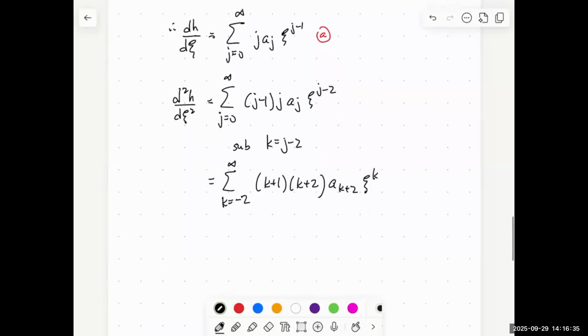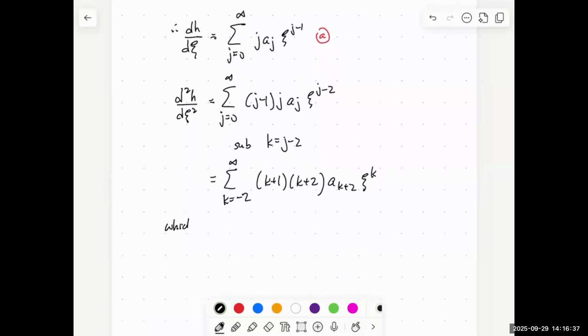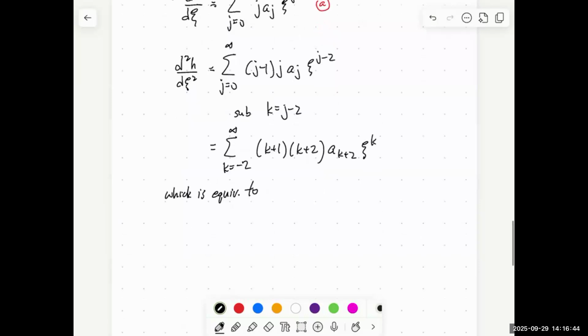So this is equivalent to d2h dz squared, which is what we're working on. I'm going to go back to my j variable because it's going to help me with my recursion. I'm just going to throw away the first two terms, and wherever I see a k, I'm going to put a j.